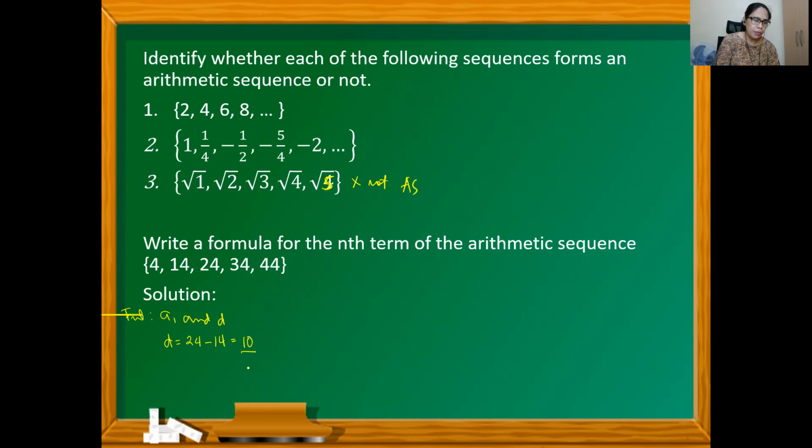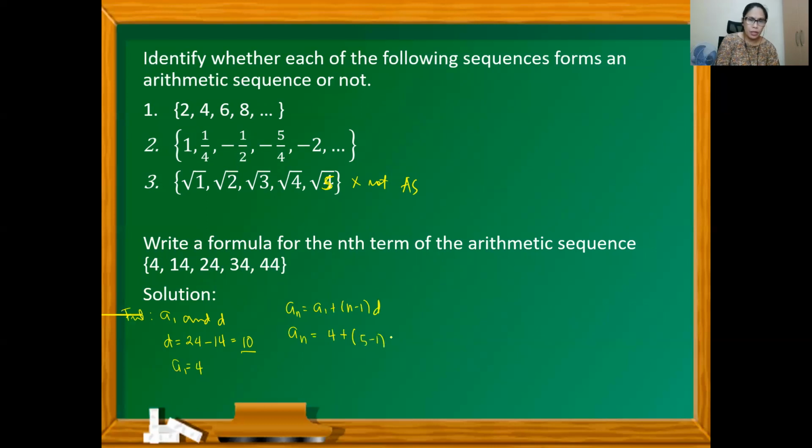And we know that the first term here is equal to 4. So substituting the given in the general form, a sub 1 plus quantity n minus 1 times d, we have a sub n equals, a sub 1 is 4, and then plus, we have 5 terms, so this is 5 minus 1.